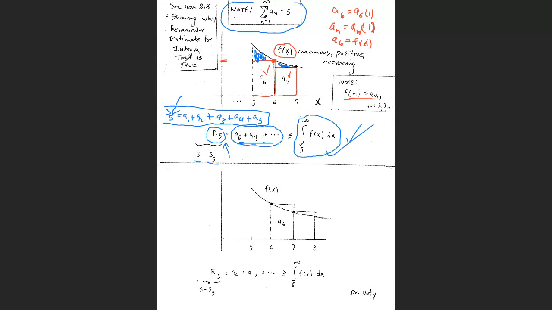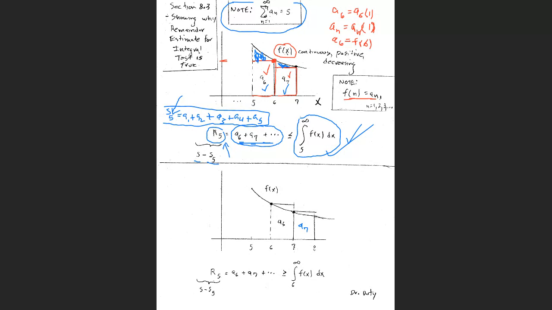All right. Well, now what I've done below is I've redrawn this function, exactly the same function. And what I'm doing now is looking at a sub 6, the 6th term, and the 7th term. The areas of those rectangles are just the same as I've drawn above.